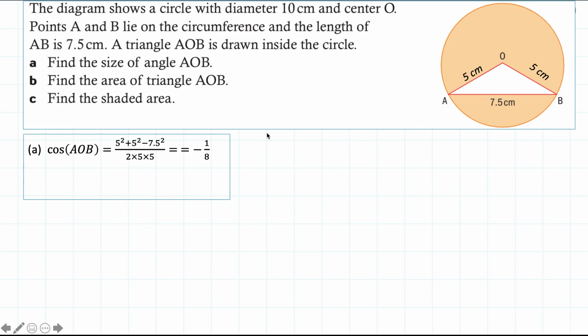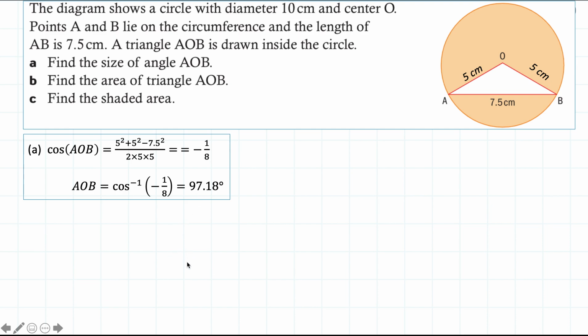The opposite length is 7.5, so minus 7.5 squared. The denominator is 2 times the other lengths, 2 times 5 times 5. That's going to give me negative 1 over 8. To get the angle, I have to take cos inverse of that. So cos inverse of negative 1 over 8 is 97.18, which makes sense because it looks more than 90 degrees here. Never trust the diagram, but try to see if the number makes sense.